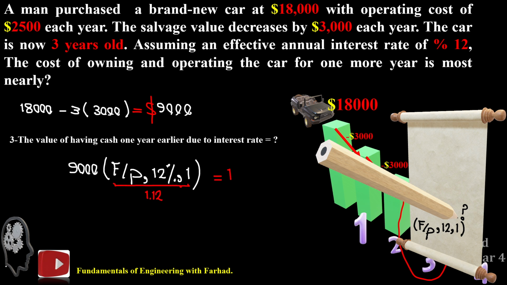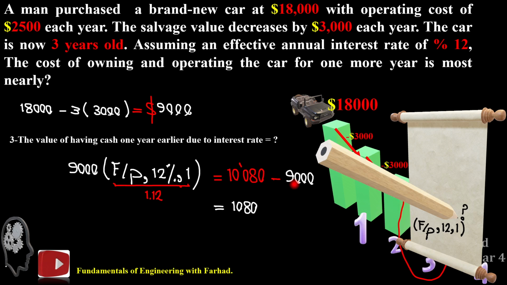To do so, you can find a constant in any engineering chart that gives you a coefficient of 1.12 for future over present at 12% and one more year. Multiplying that by 9,000 gives 10,080. If you subtract 9,000 from that, it gives you the value of having cash 1 year earlier due to the interest rate.